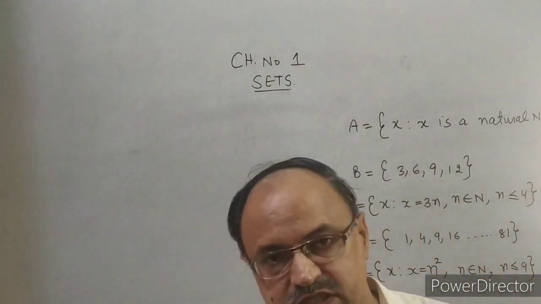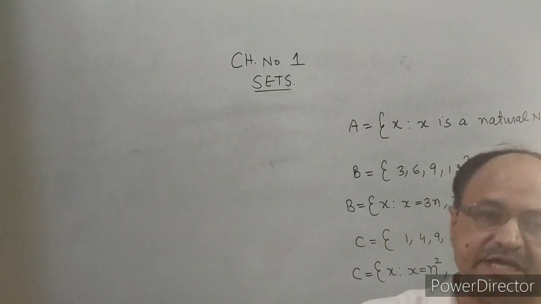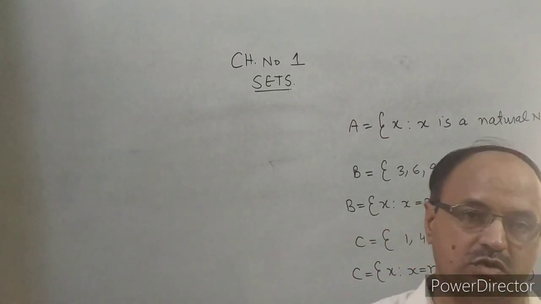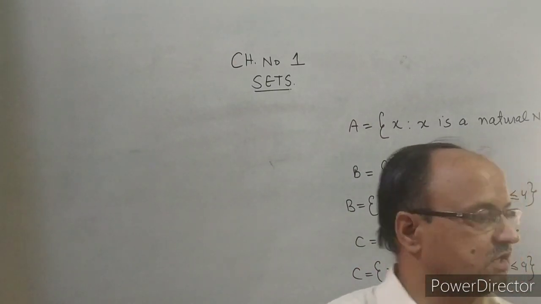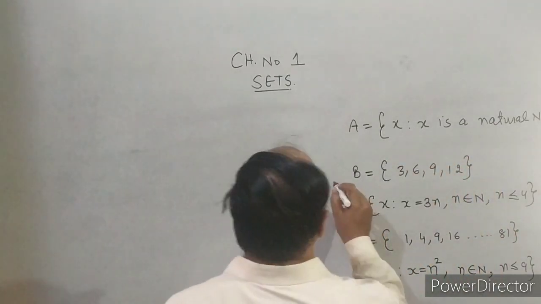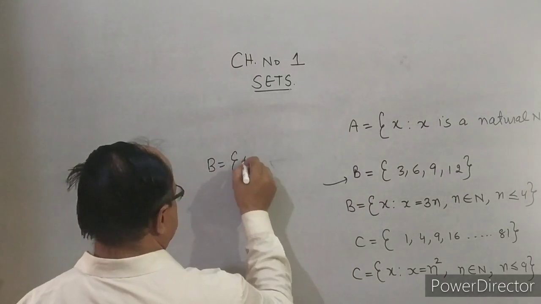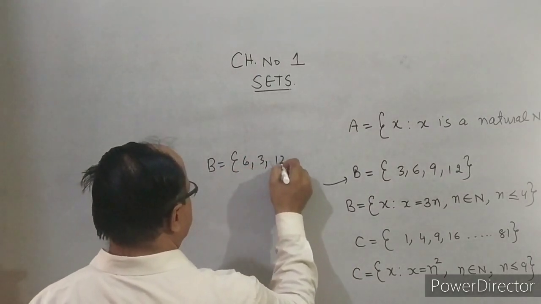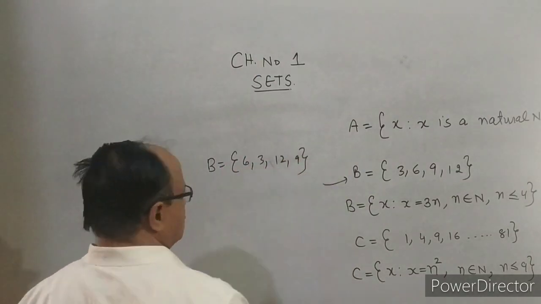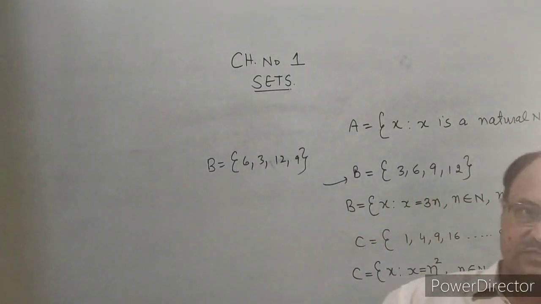It is not necessary to write all the numbers in ascending or descending order. You can write anyways. For example, this set you can write 6, 3, 12, 9. Both ways are correct.